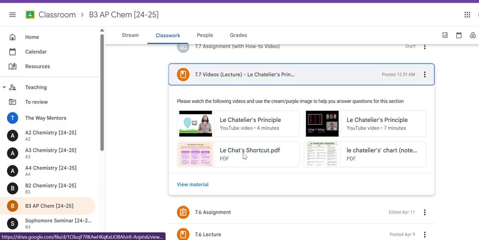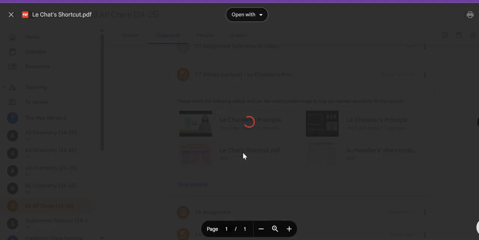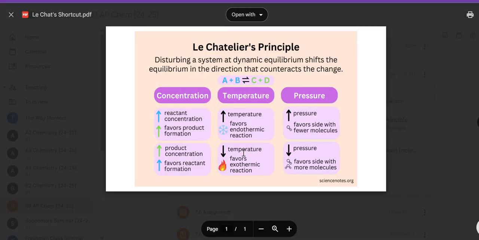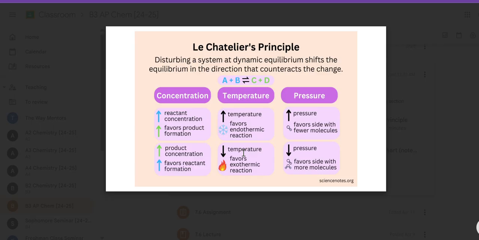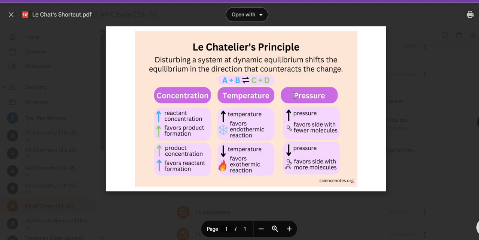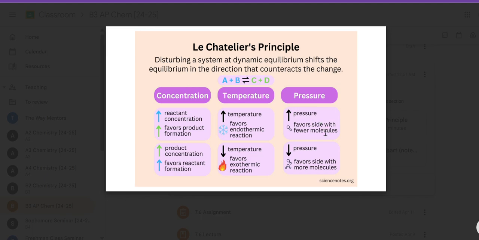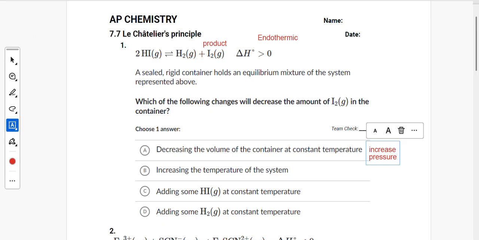The Le Chatelier shortcut is what I'm calling it, and this is what you guys want to use. Of the materials I've looked for, this is my favorite. It summarizes and helps you wrap your head around this concept. As pressure increases, it favors the side with fewer molecules. So let's hop back over there.